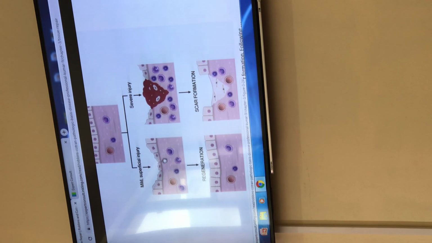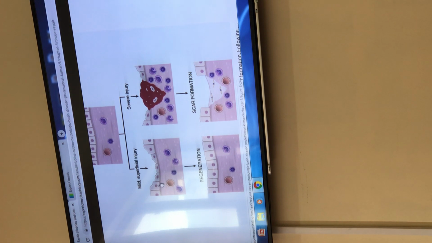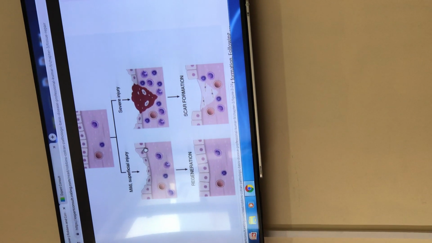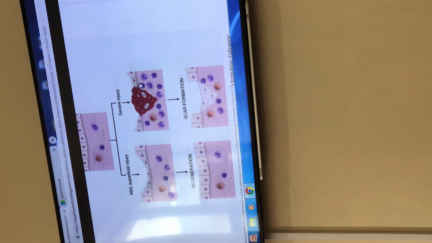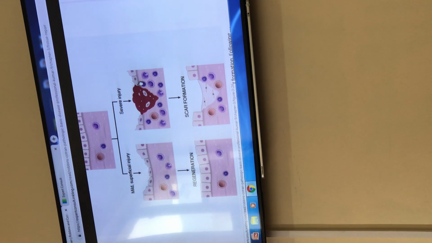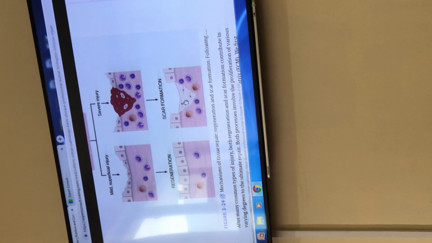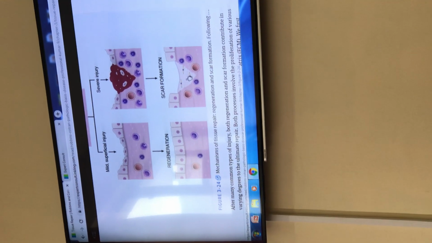The cells at the basal layer have the ability to regenerate. If this basal layer is not injured, it's much easier to regenerate all the tissue. But if the basal layer is injured, then we will have some scar tissue. Here, it is the scar that is composed of those fibroblasts that are elongated cells and make collagen. So this is the scar tissue.